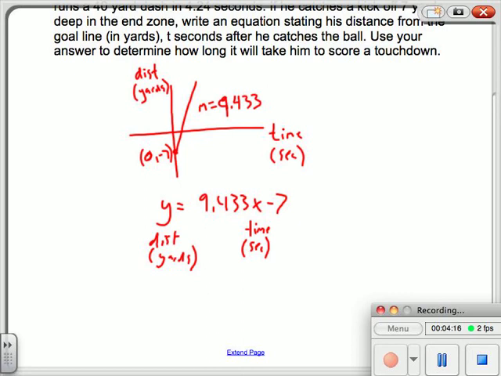So the second part of the question asks us to determine how long it will take Chris Johnson to score a touchdown. So I think you need to realize that in order to score a touchdown, our distance, which is y, has to be 100, because a football field is 100 yards long.